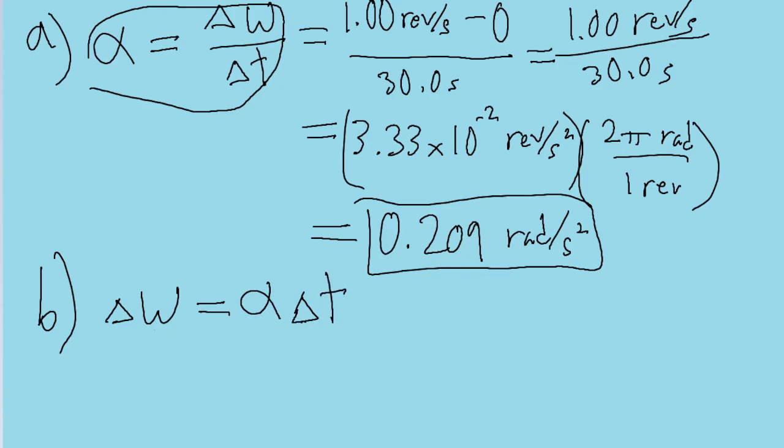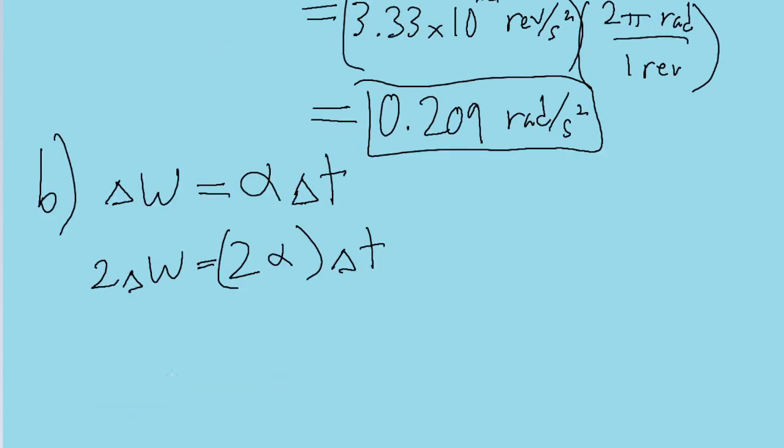So as we can see, the change in angular velocity is directly proportional to the angular acceleration, meaning that if we were to double the angular acceleration, this doubles the entire expression, and we're left with double the change in angular velocity, which means the final angular velocity will be twice what it was before, or rather twice what it would have been in part A. So the answer to part B is yes.